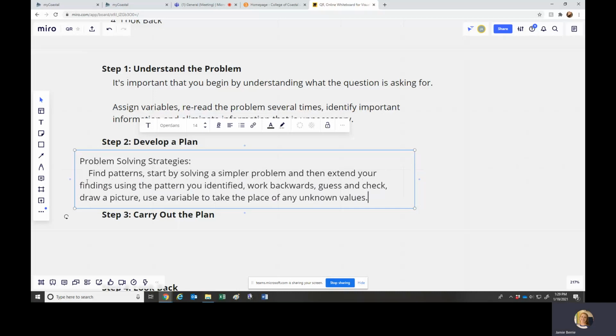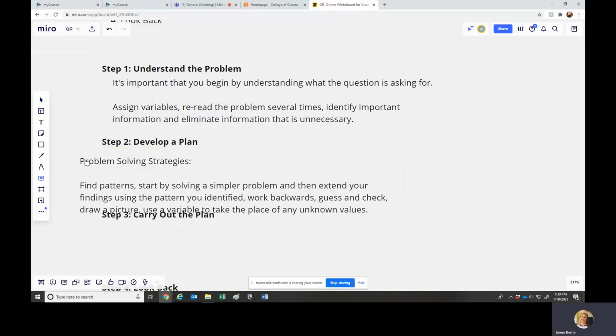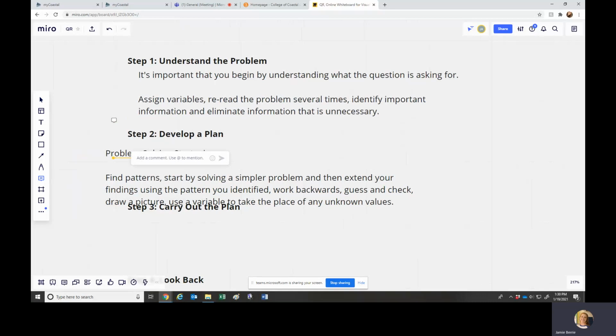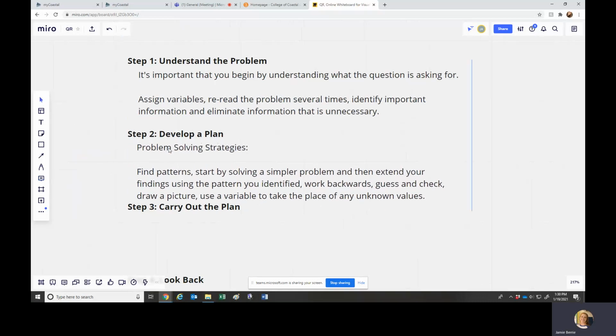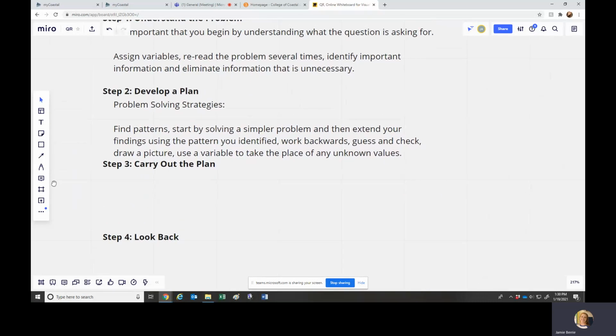As I'm going through this, you may need to pause the video to write everything down. Let me see if I can scoot that over a little bit. There we go. Once you've developed a plan, the next step is to carry out that plan.